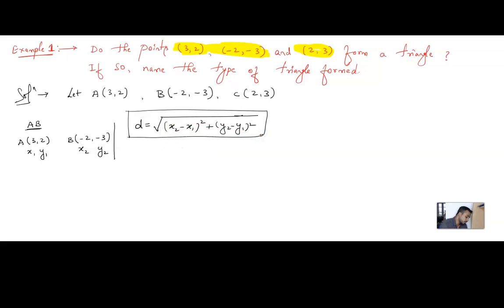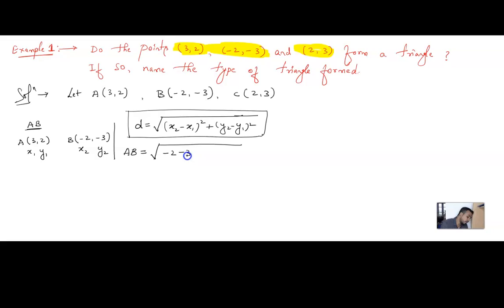Good. So here we have got the distance formula, that is (x2 minus x1) whole square plus (y2 minus y1) whole square. Between whom are we finding the distance? That is A and B. So here the distance is nothing but AB. AB is equal to root of, what is x2? That is minus 2, minus, what is x1?